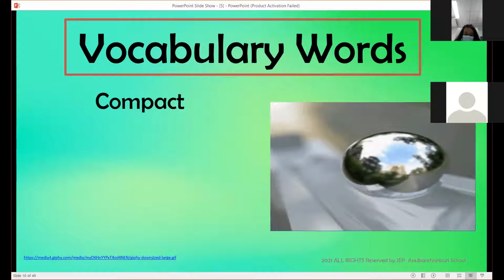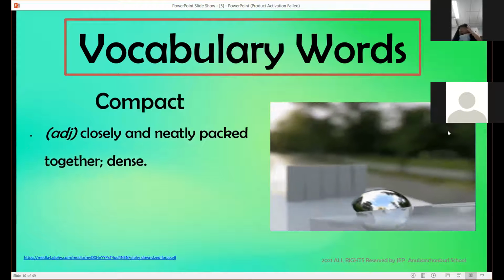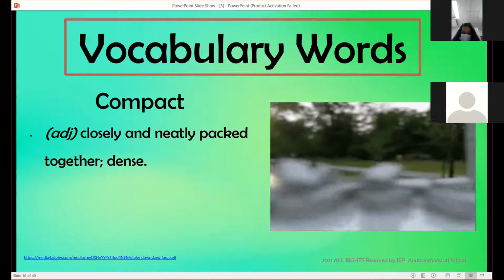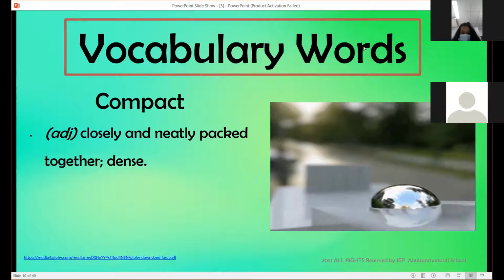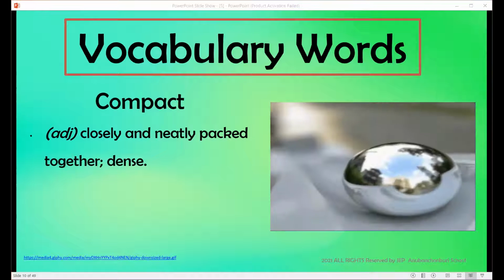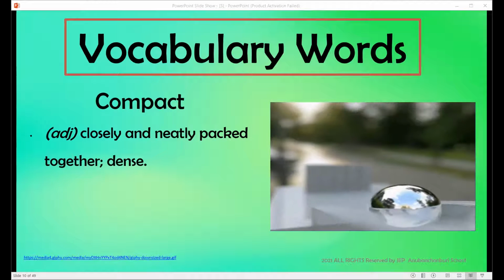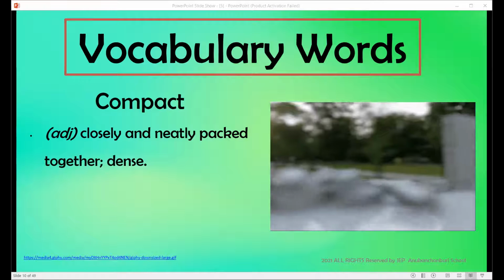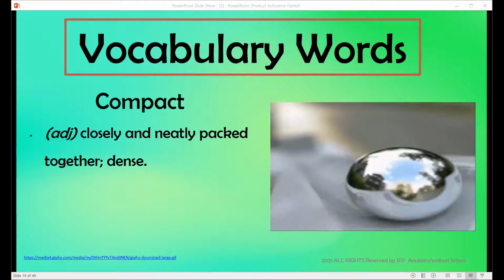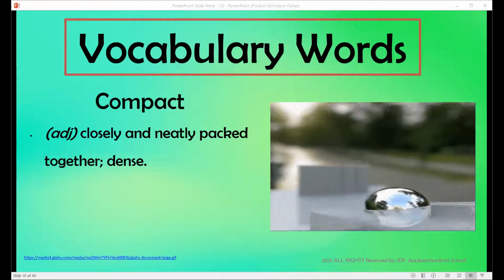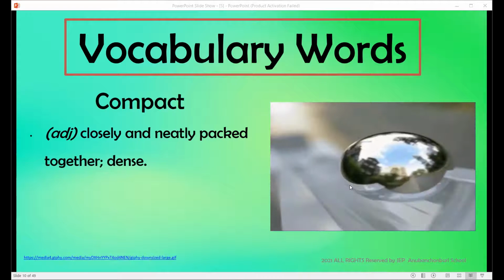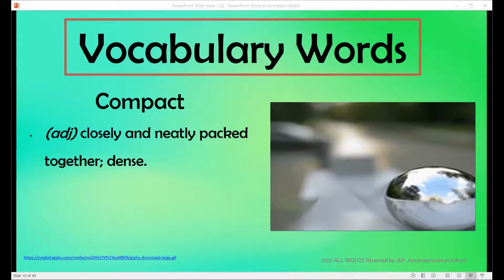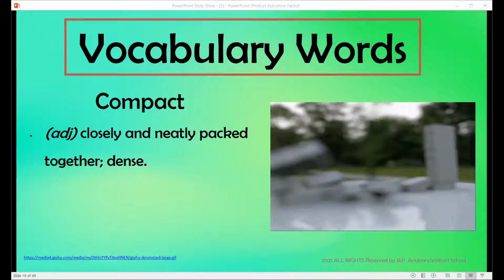The next word here is compact. May I request this one? Can you hear me? Please read this one, please. I think this microphone is not working. What about number 26? Can you read the word compact, please? Who is this number 26?